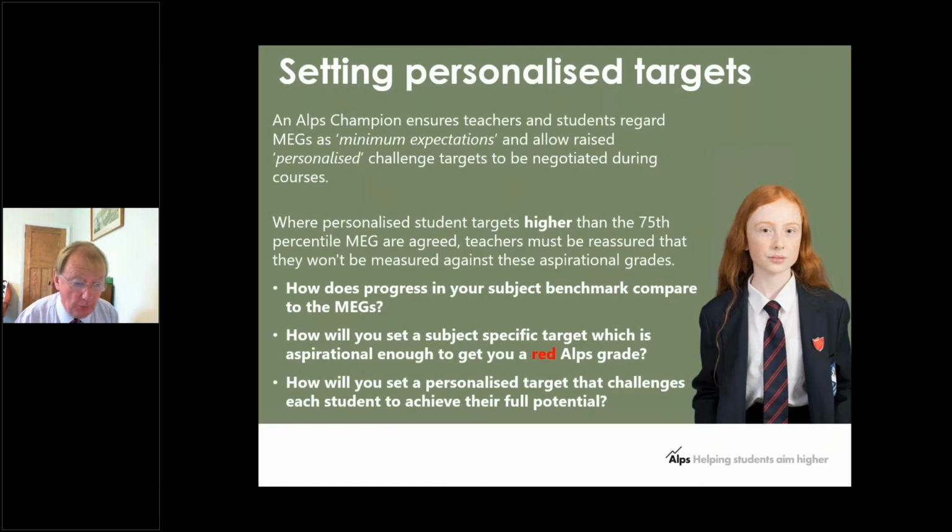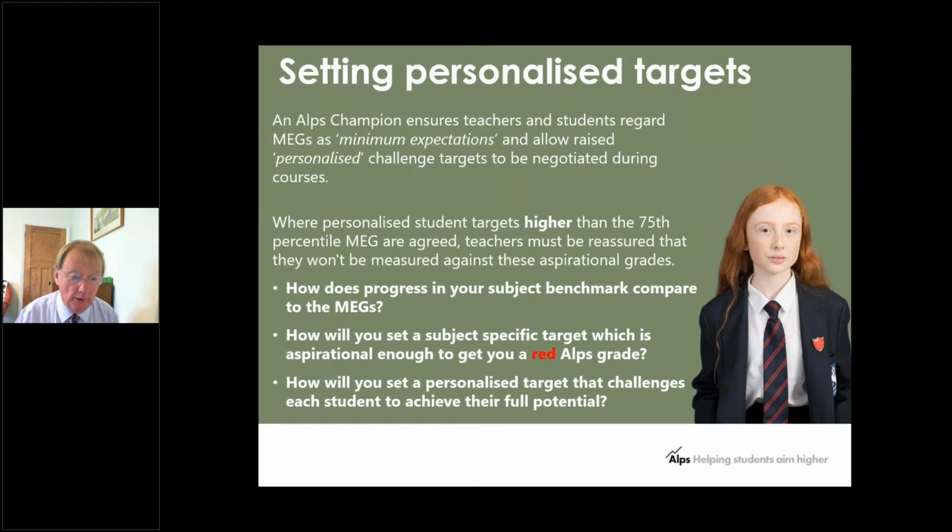However, I think my bottom bullet point is actually really crucial here, because in my mind, every young person in the perfect school would have a subject target challenging him or her to achieve the very best grade they possibly could if they achieved their full potential. And I personally don't think that data alone can do that.